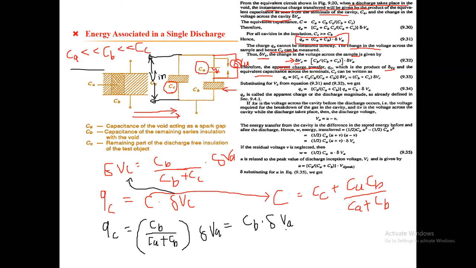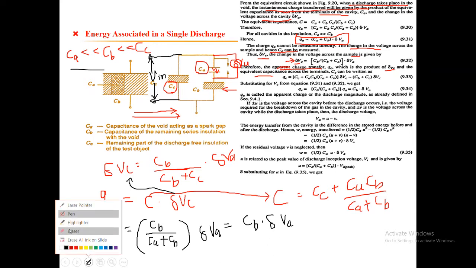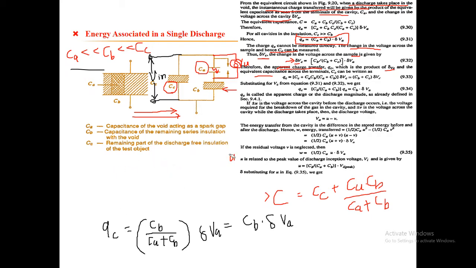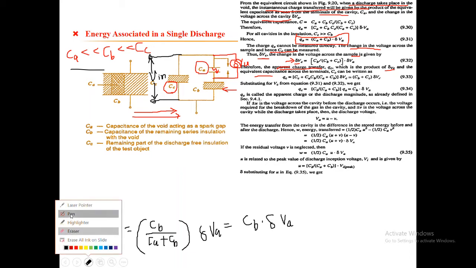Okay, so now we have one formula. Let me wipe it out and then rewrite the equations for having a better comparison to understand whether we have achieved the similar equation for this QA and QC.